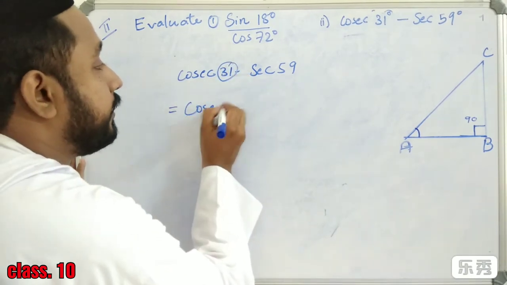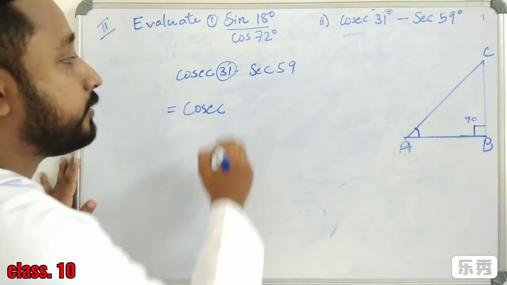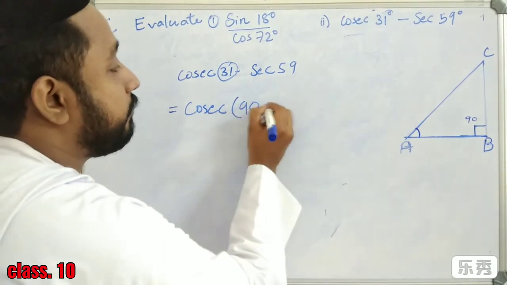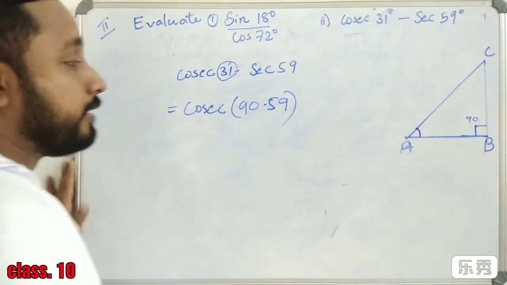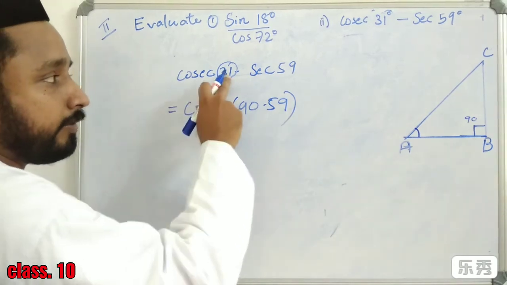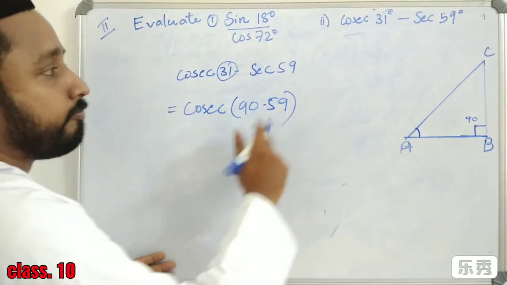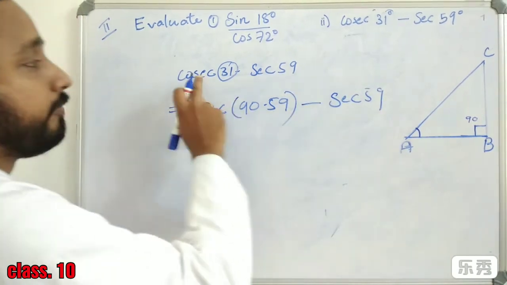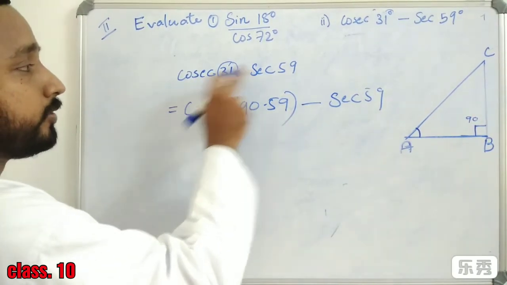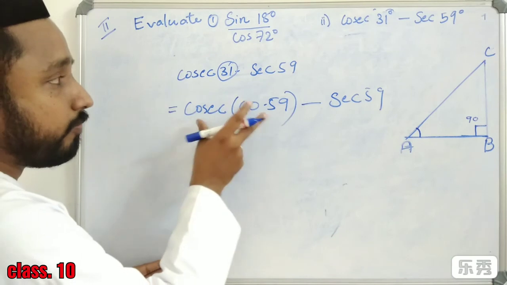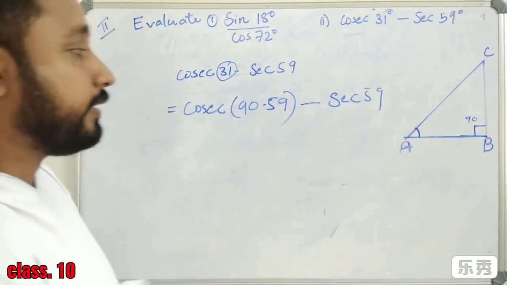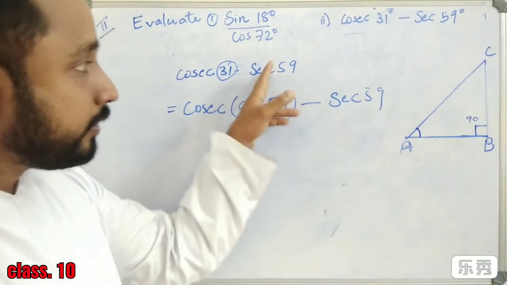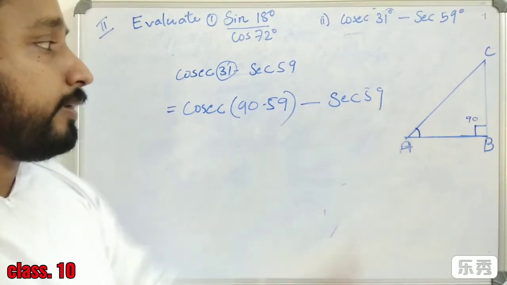Instead of this 31, I am going to write 90 minus 59. Only one change. Here there are two ratios, and I am going to change one ratio. That is cosec of 90 minus 59 minus sec 59.